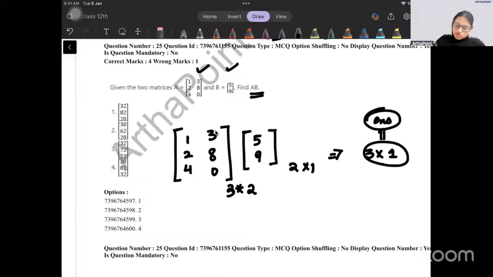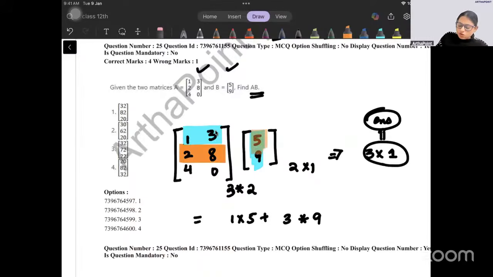Okay, so let's try. First row with first column will give me 1 into 5 plus 3 into 9. Second row with first column, 2 into 5 plus 8 into 9.